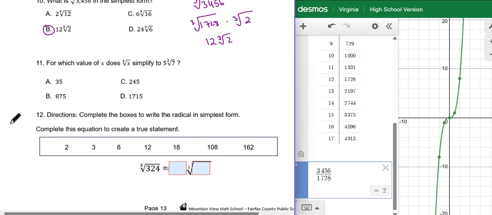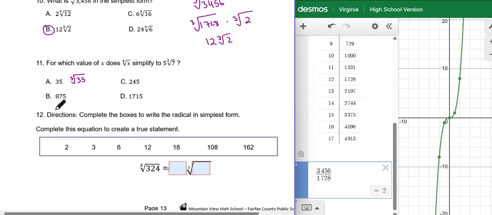All right, for which value of x does a cube root of x simplify to 5 cube root of 7? So basically, just simplify all of them and see which one simplifies down to this. And then we'll see what x has to be, okay? So the first one is asking you to do cube root of 35, okay?